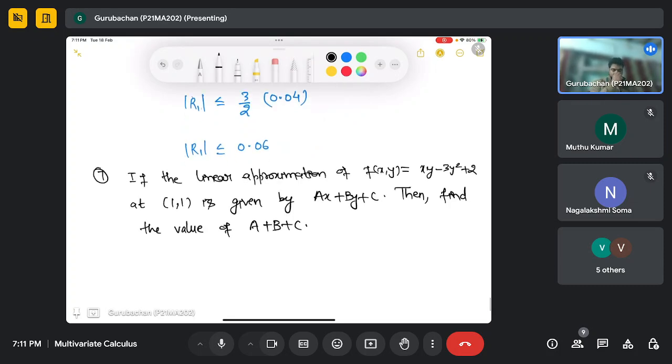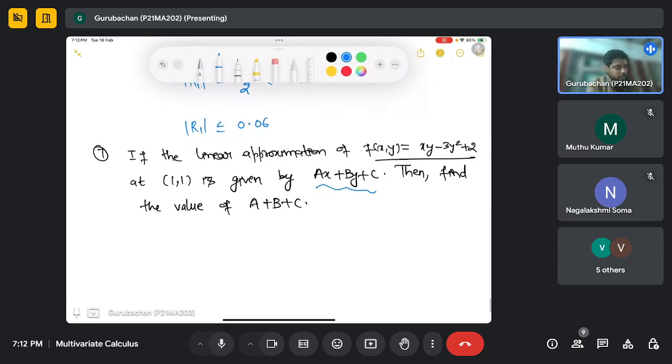So we have a function of two variables, xy minus 3y square plus 2, and we have to compute its linearization, which is given by ax plus by plus c. Then we have to add these constants a plus b plus c.